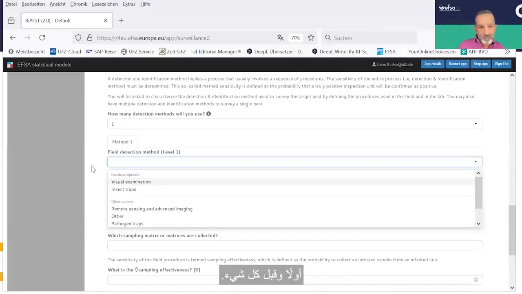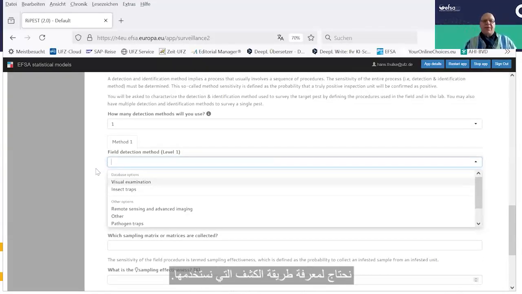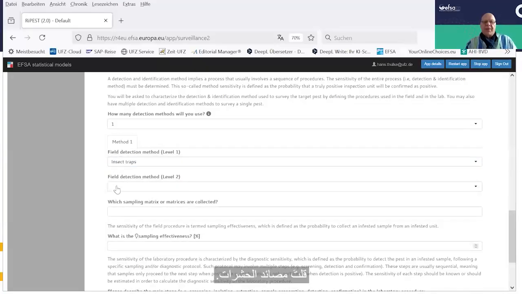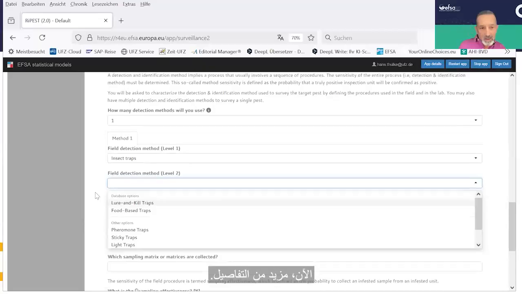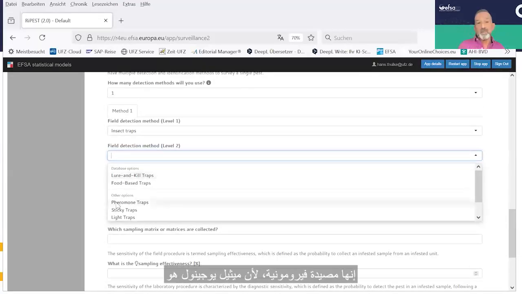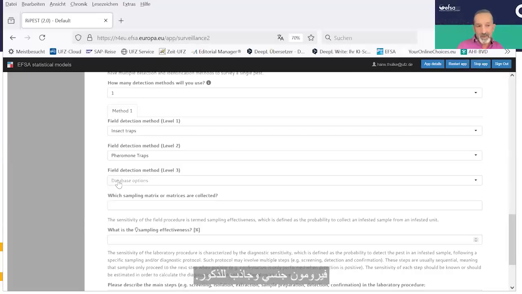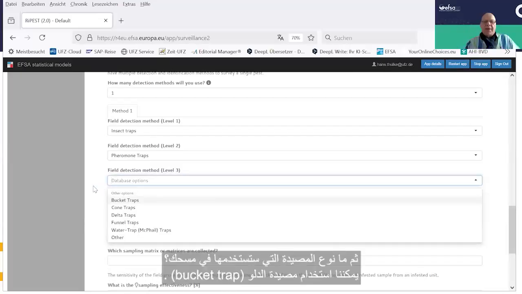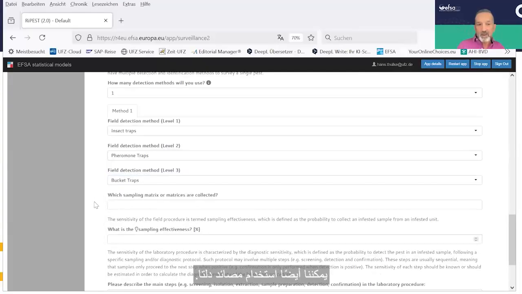So first of all, we need to know which detection method we are using. You said insect traps. Now more details: what is the type of trap here? It's a pheromone trap because methyl eugenol is a sex pheromone, a male attractant. And then which trap type will you use in your survey? We could use bucket traps. We can also use delta traps. We saw them in the images, but here that's fine.